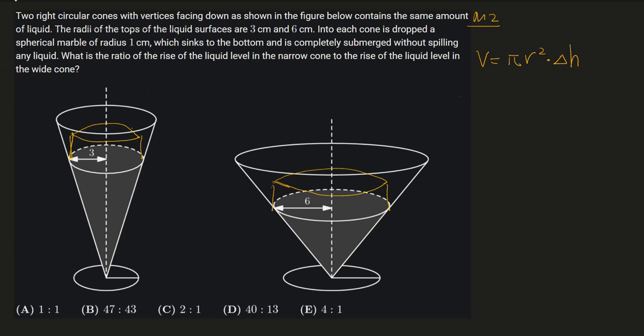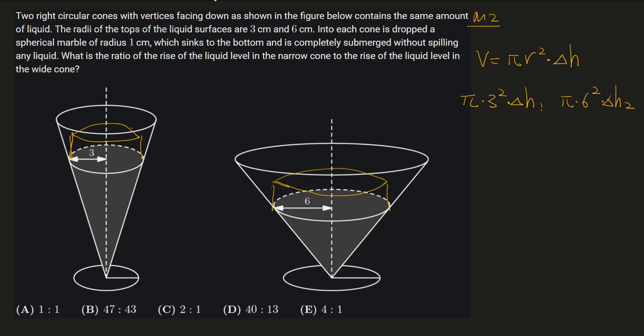That is pi times r, which is 3 cm, so 3 squared, times delta h1. That's the height of this cylinder. And for the right cone, we have pi times the radius 6 cm, so 6 squared, times delta h2.